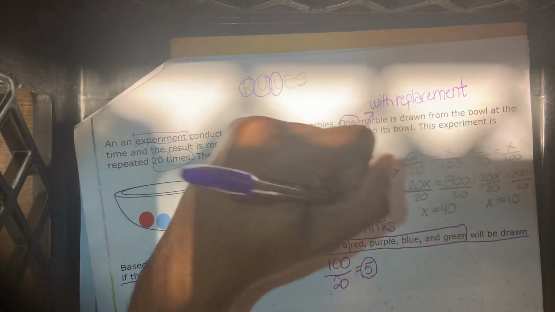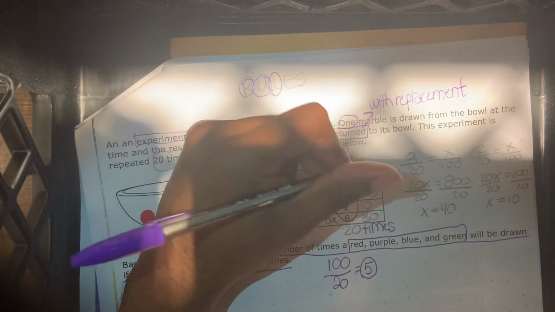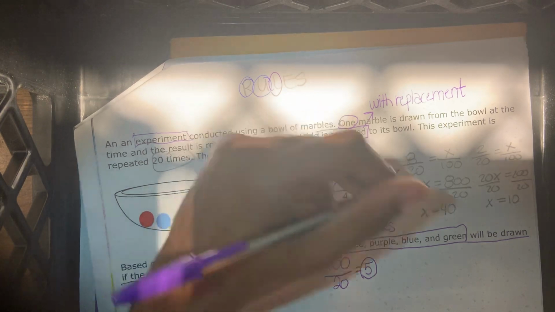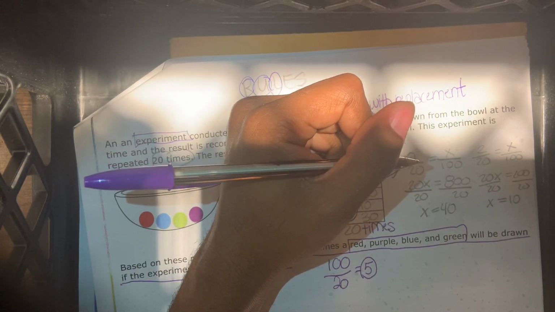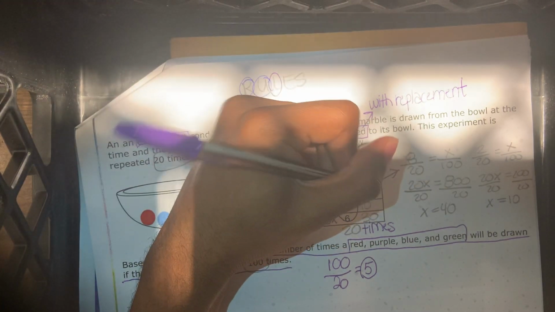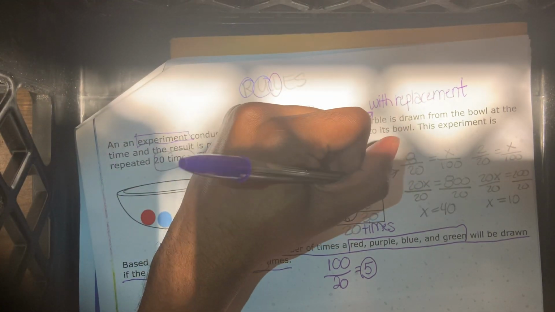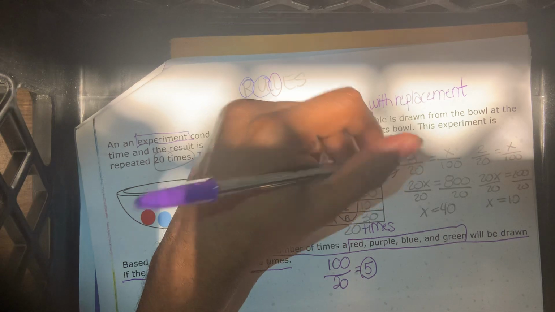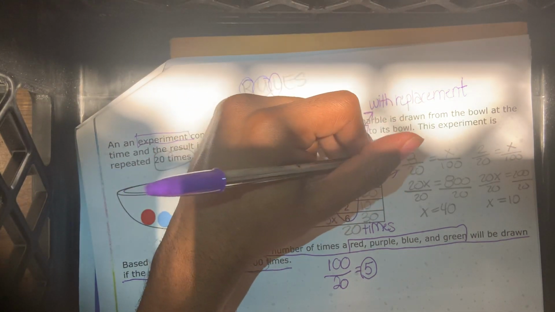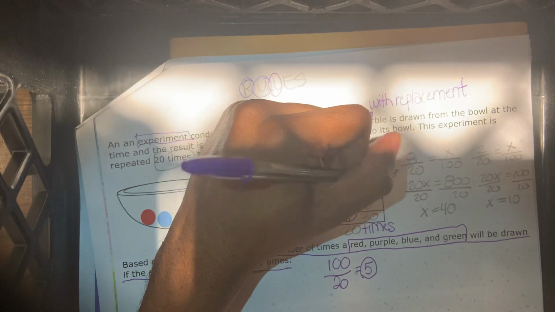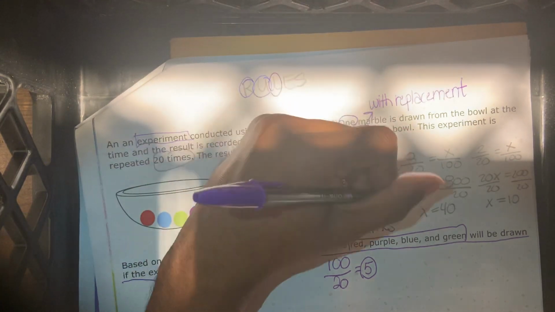We do the same thing for purple. So 40 would be for red. For purple, we would do the same thing. It would be 4 over 20 equals x over 100. So 4 times 100 is 400. 400 divided by 20 is 20. So this would be the amount for purple.